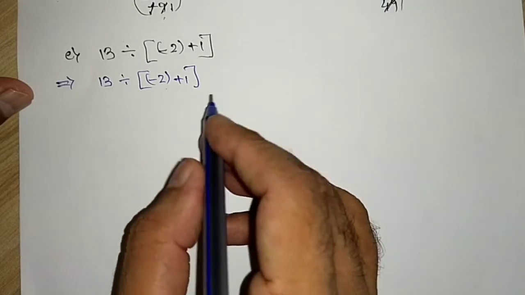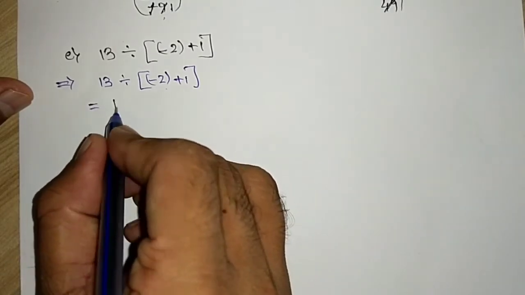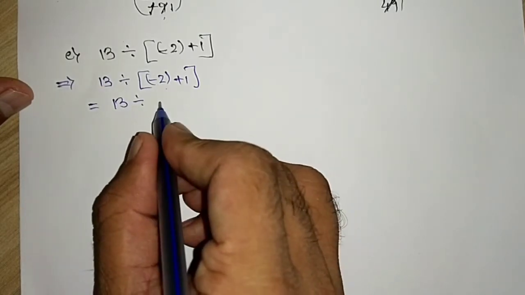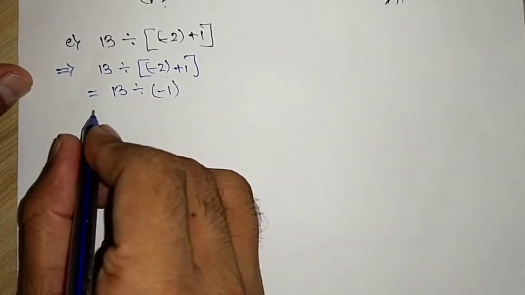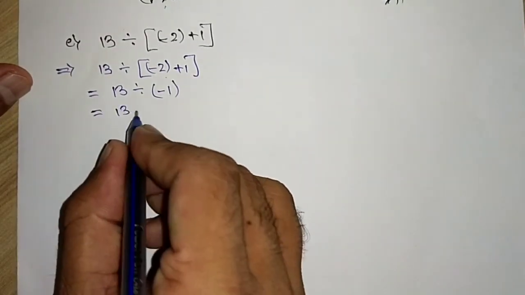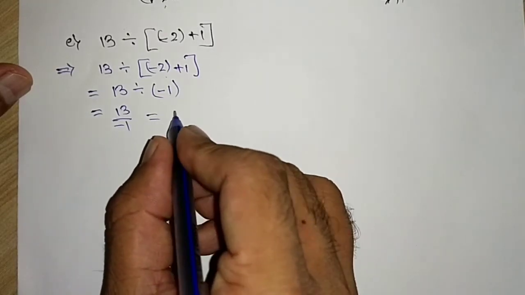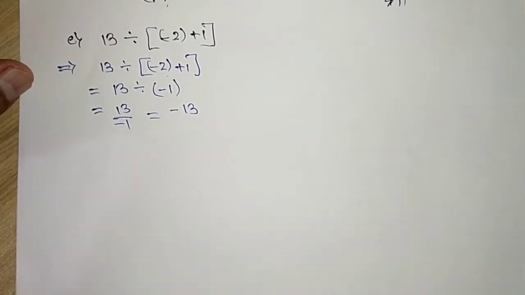That is addition of two integers, so first we will solve the bracket. Minus 2 plus 1 will become minus 1. Now 13 divided by minus 1 will give, eventually, the minus will go up and it will become minus 13 only.